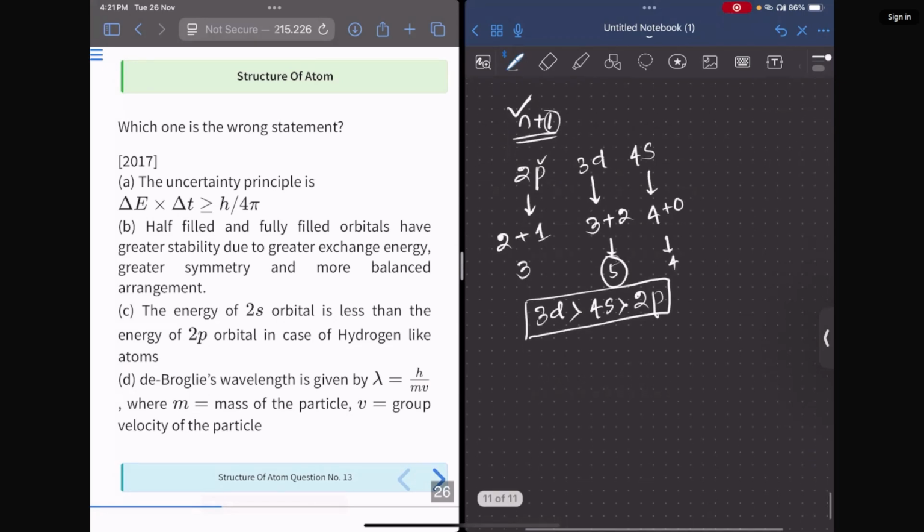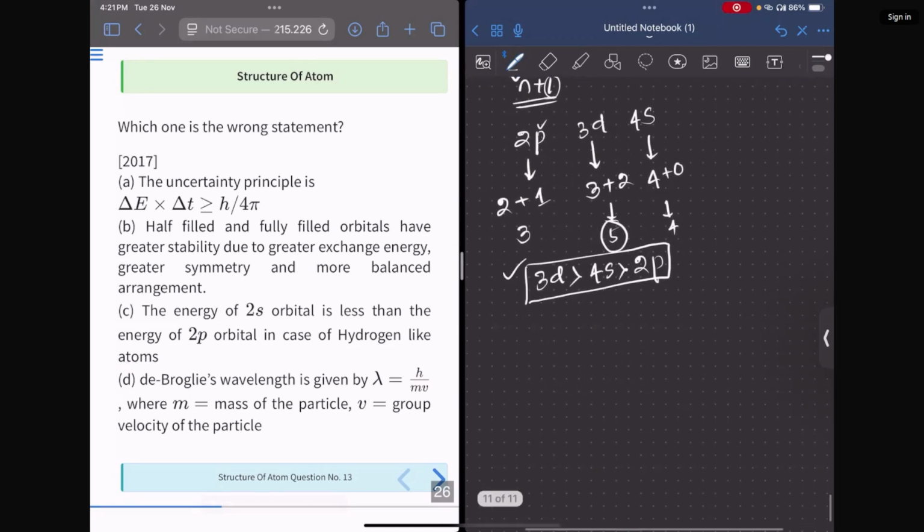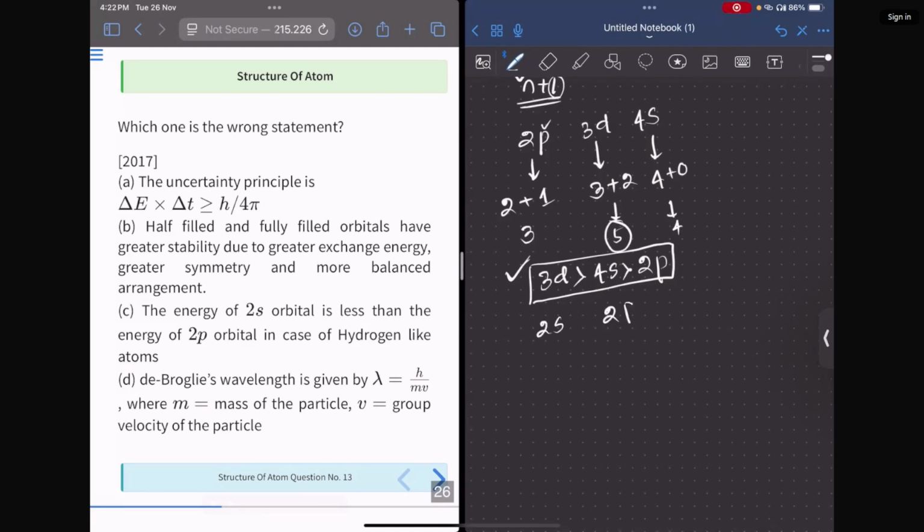If this is the sequence of energy levels, then statement C should be correct, because between 2s and 2p, 2s has n plus l equal to 2 plus 0, and 2p has 2 plus 1. So 2p has a greater n plus l value and should have higher energy, but this is not the case. Why? Because hydrogen-like atoms, which have only one electron, have degenerate orbitals.